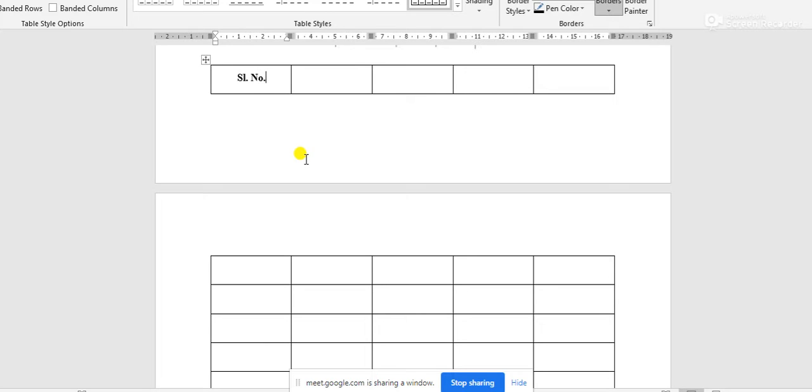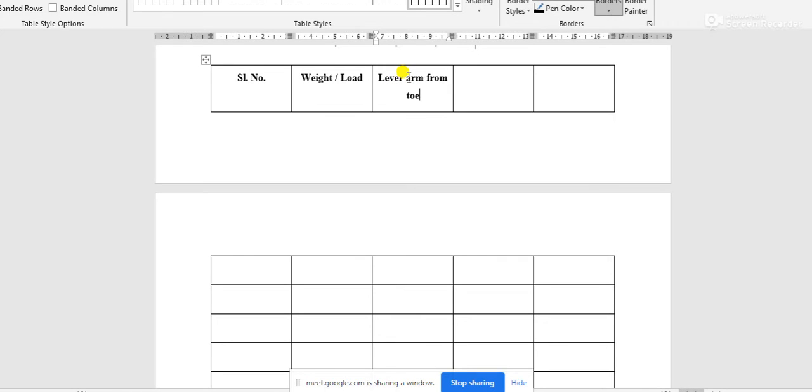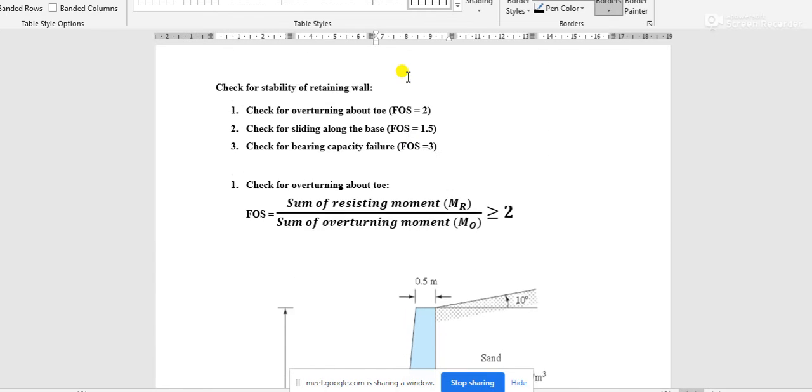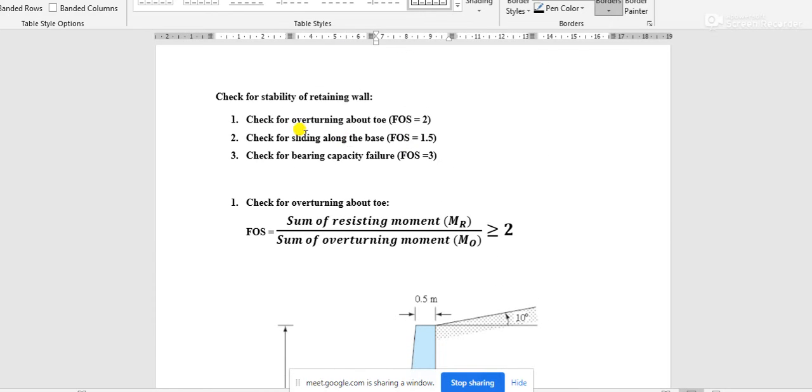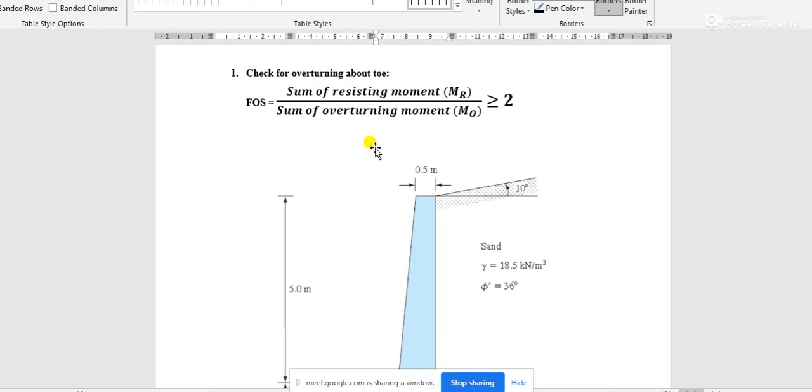Okay, weight or load, lever arm from toe, because in the definition of the failure I have told that overturning can occur about the toe.